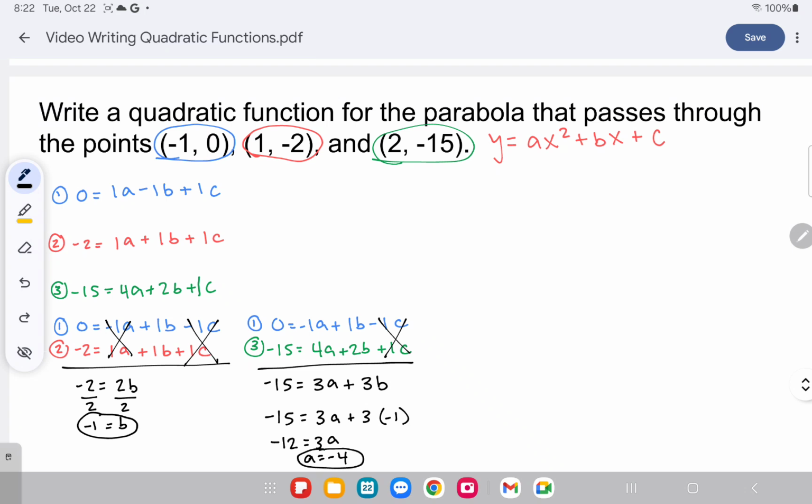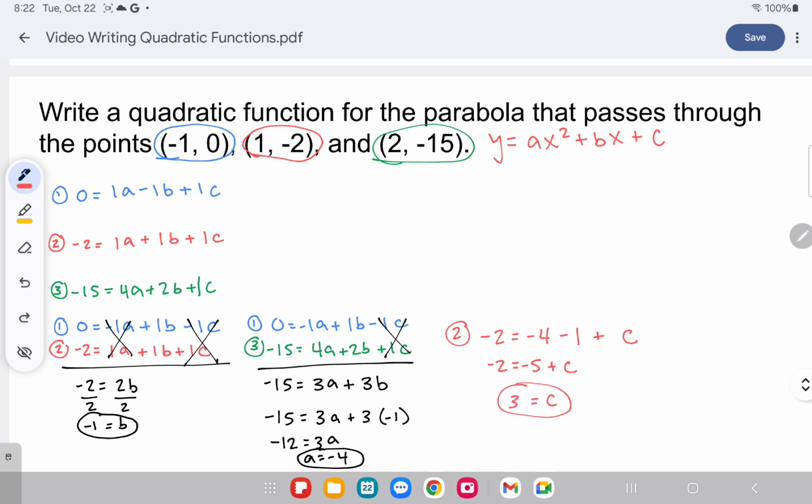So now I know A and B. I just need to figure out C. I'm going to plug those into equation 2. So equation 2 says negative 2 equals 1 times A plus 1 times B plus 1 times C. And I find that C equals 3.